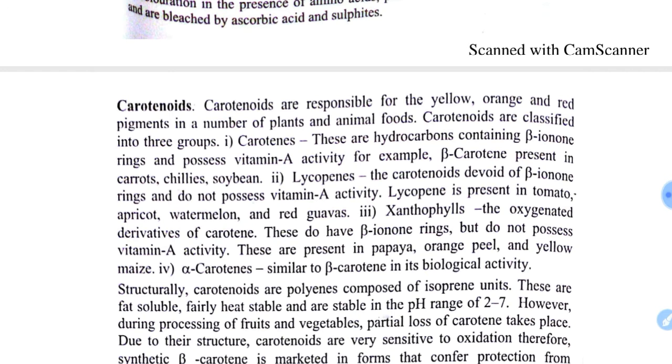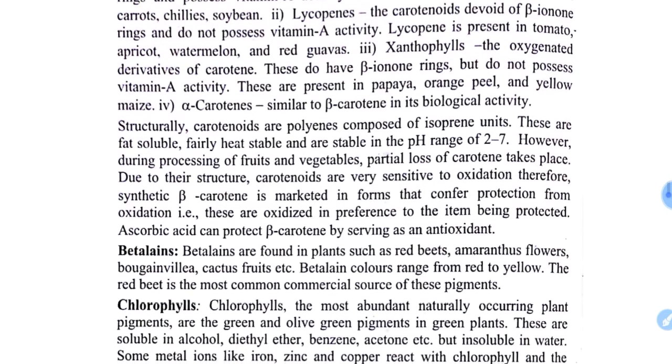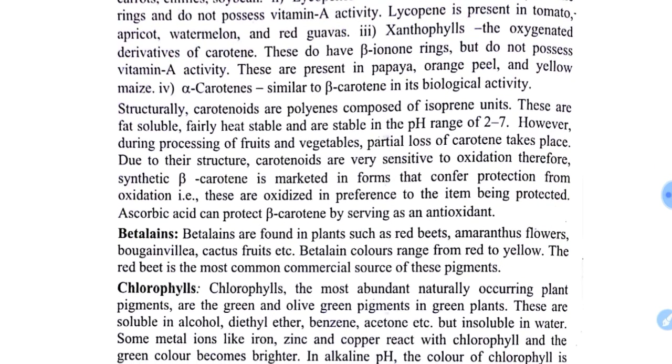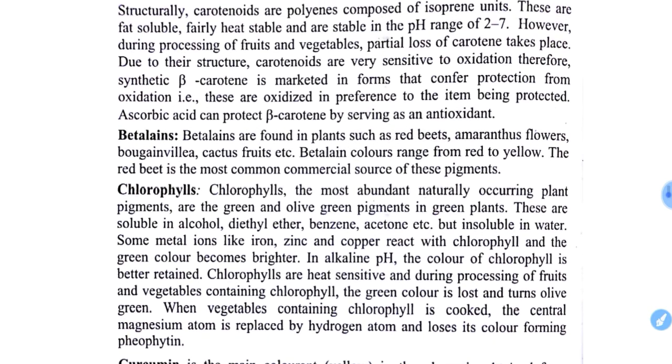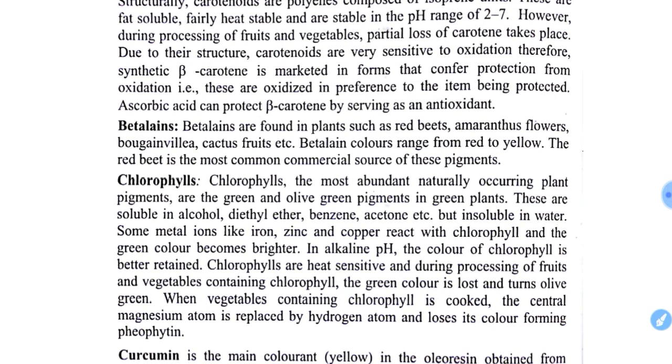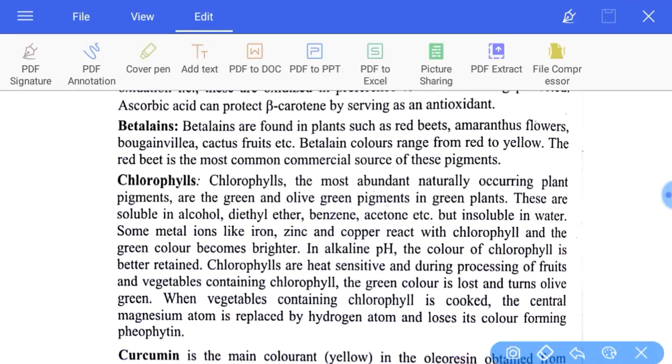Then what? Betalains. Betalains are found in plants such as red beets, amaranthus flowers. Then chlorophylls, which is responsible for photosynthesis, it is found in many plants. So in alkaline pH, the color of chlorophyll is better retained.